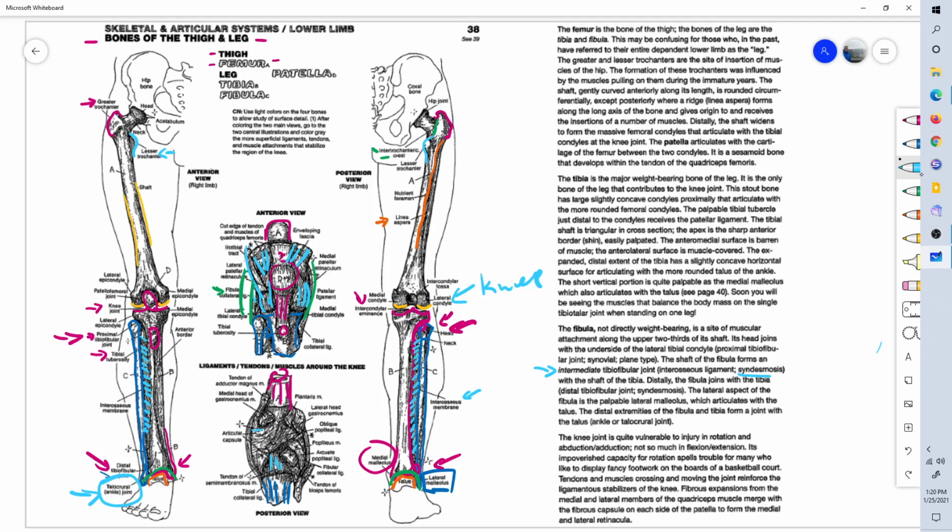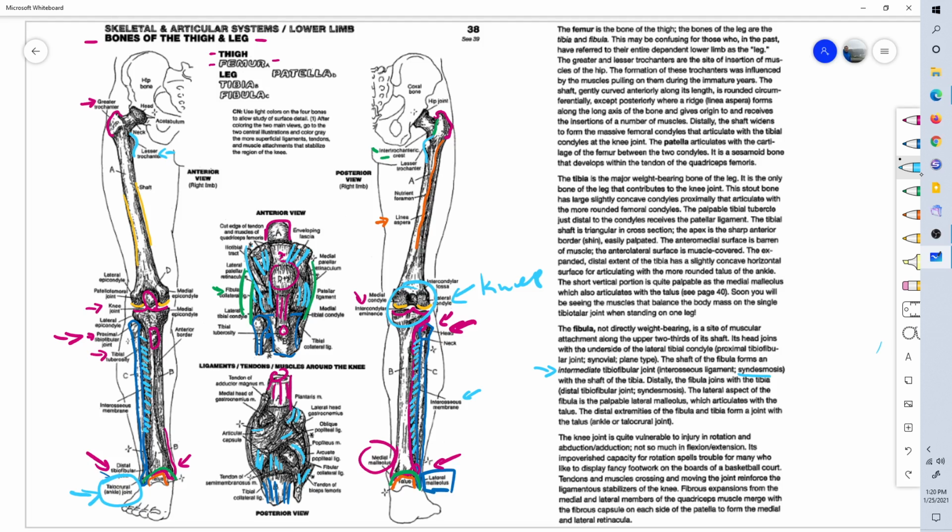There's tendons from the hamstring muscles, the semimembranosus, the tendon of the biceps femoris, which is another hamstring muscle, down in here. And ligaments coming across, popliteal ligaments. Popliteal means the space in the back of the knee, called the popliteal area.